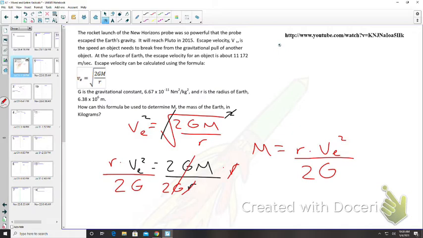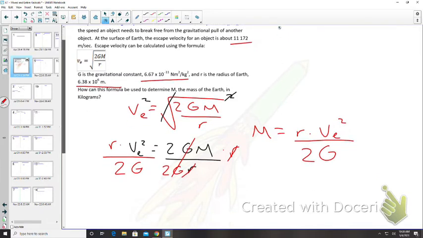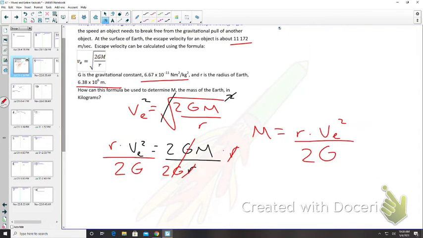Okay, solving for that, we could just substitute in our R value here, our G, and the meters per second. So let's go ahead. Let's find the mass of Earth. So R is 6.38 times 10 to the 6 meters.